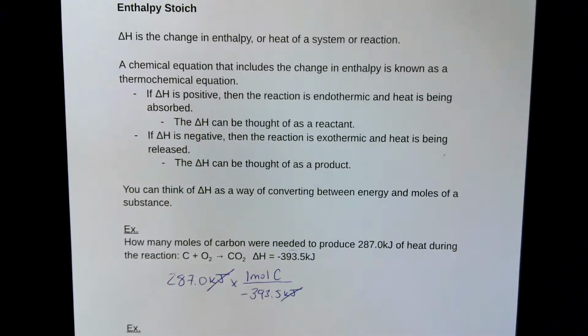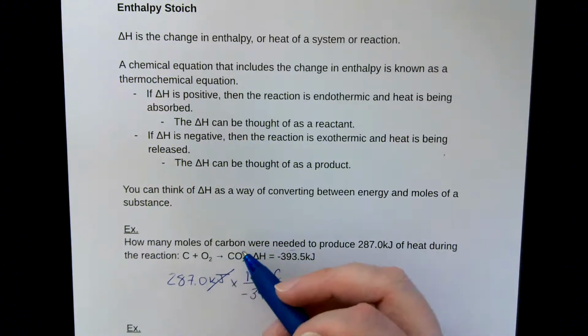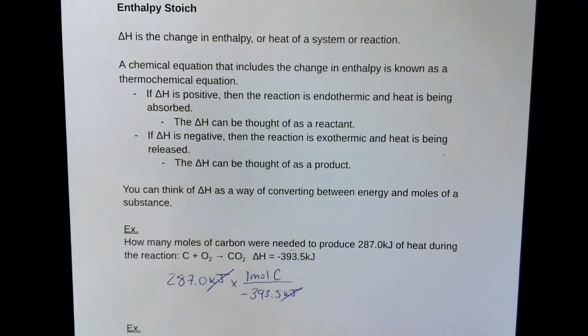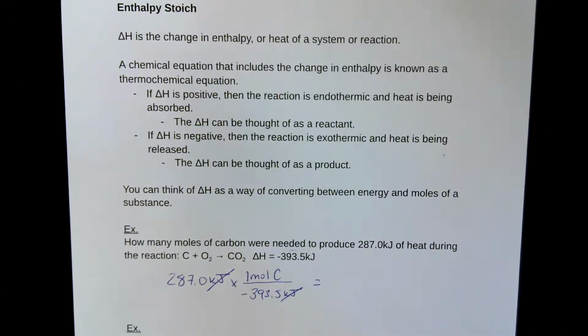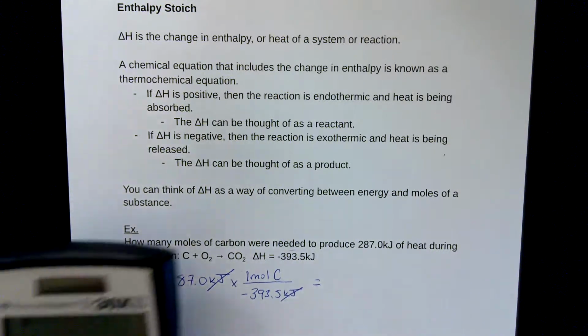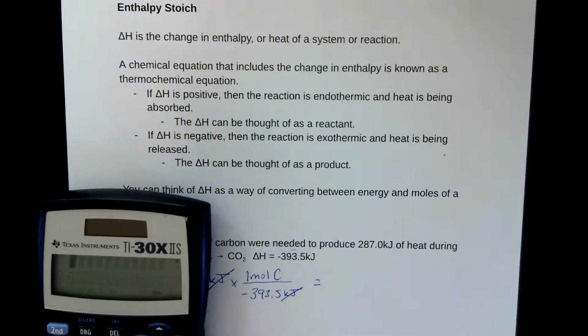So kilojoules will cancel out and go away, and we are now left with moles of carbon, which is exactly what I was asked for. So I am done setting up factors and I am ready to calculate. So 287.0 divided by negative 393.5.